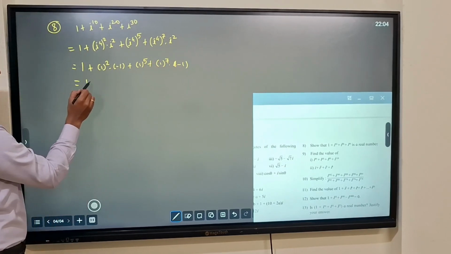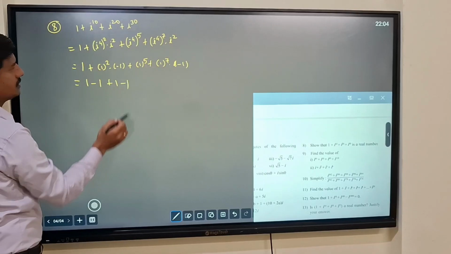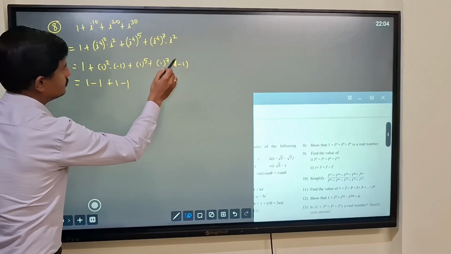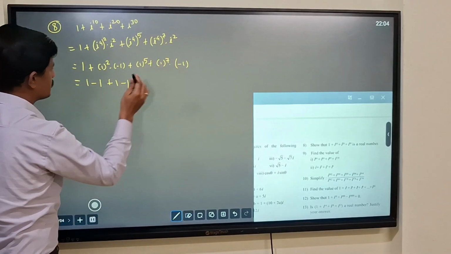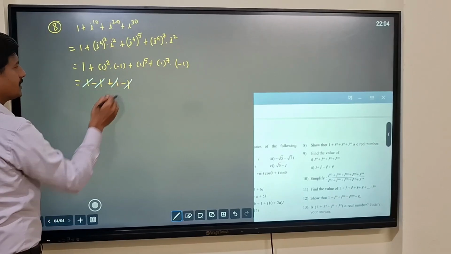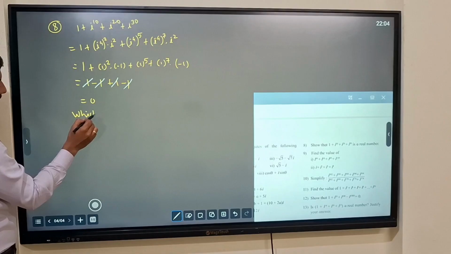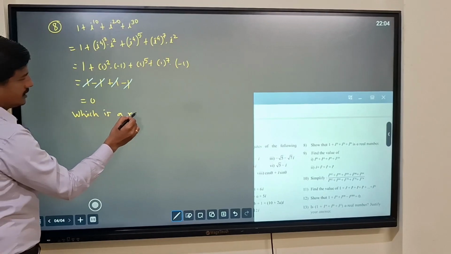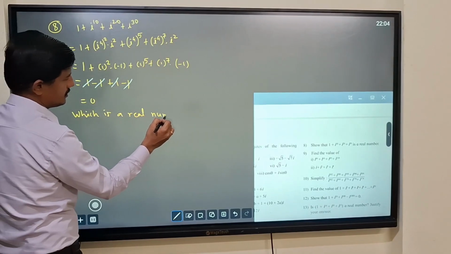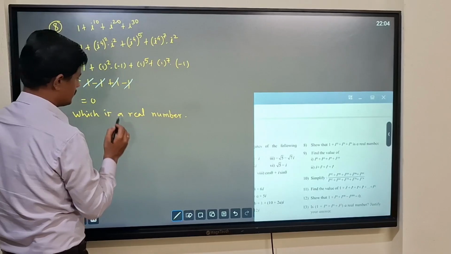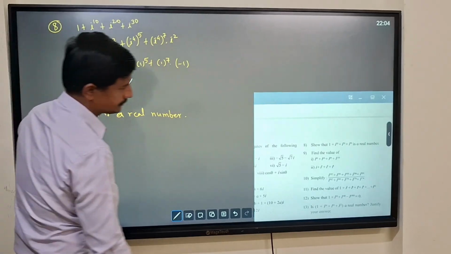So this becomes 1 minus 1 plus 1 minus 1, which get cancelled and equal 0, which is a real number. This is the answer.